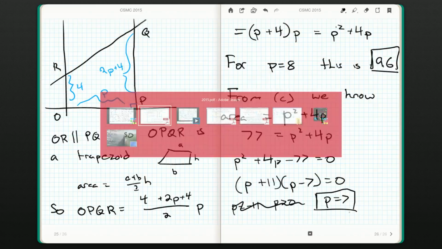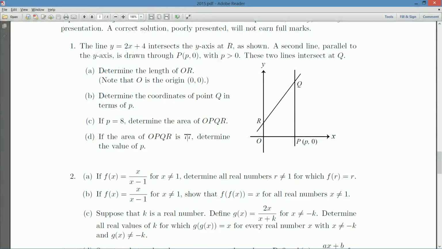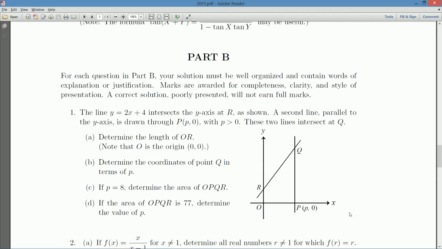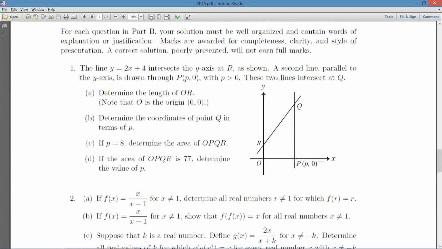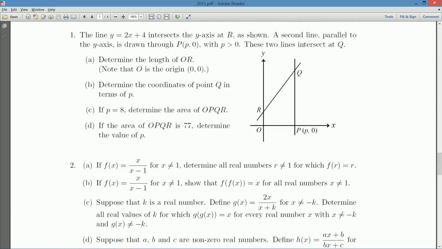So I think D was all we had. So yeah, that's it. So question 1, that wasn't that bad. Usually I find that A1, A2, A3, and then B1, they tend to go in that order. Then you'll have A4, and then A5 or B2, one or the other, and then typically A6 and then B3 in terms of hardness.